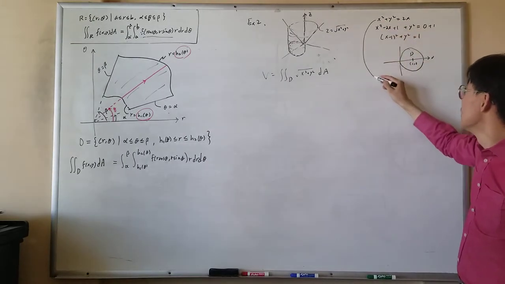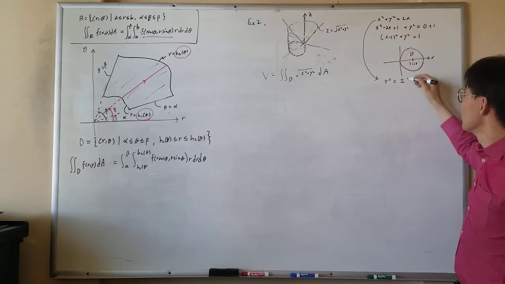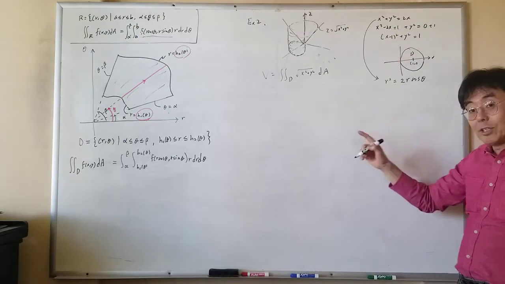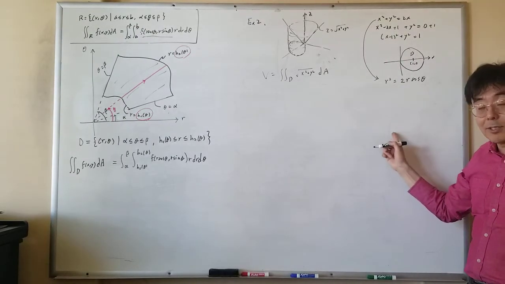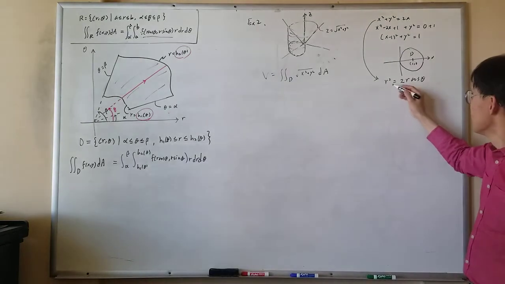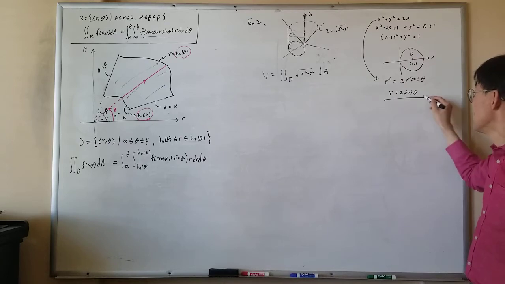First of all, in polar coordinates, x equals r cosine theta, y equals r sine theta, the conversion from r theta to xy. Now, r cancels, so r equals 2 cosine theta.